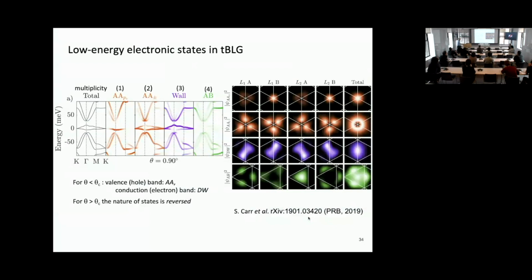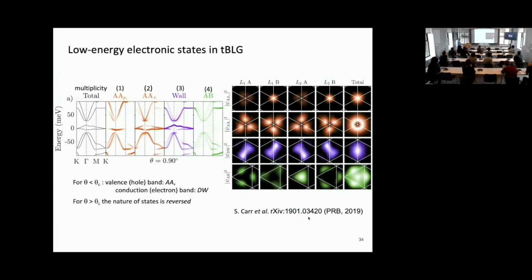So here are the bands again. These are the flat bands. They're never completely flat. They always have some level of dispersion. And here's their analysis, their projections in different wave functions.